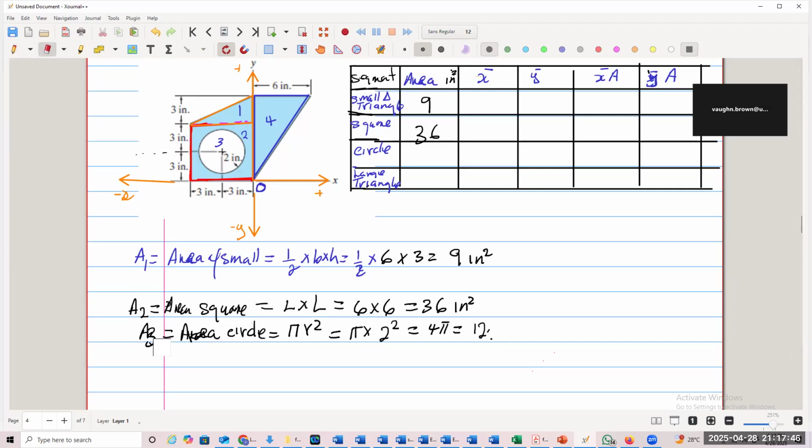So just put in minus 12.568. All right. So remember, we can put void here, which means it is negative. All right. And so it is in square inches. All right. Same thing.